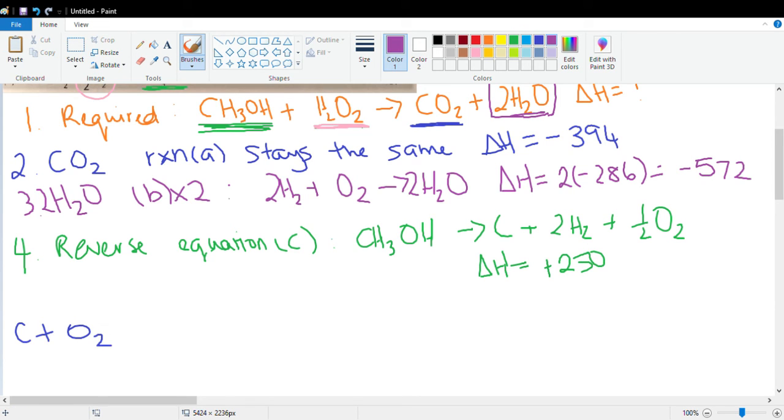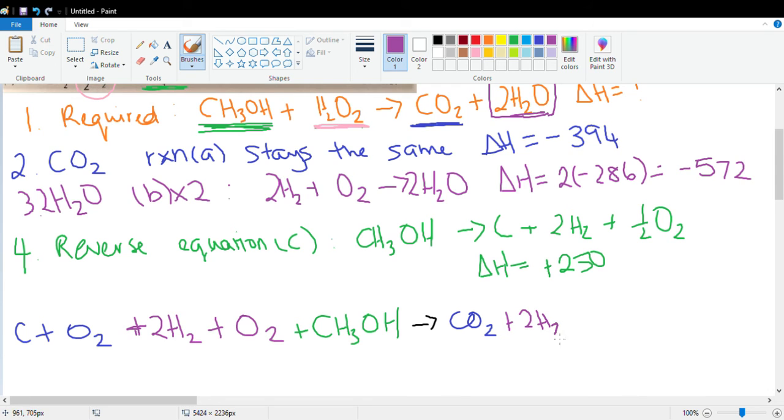From reaction B on the left hand side, we've got 2H2 plus O2. And from reaction C, we have got CH3OH. Then on the right hand side, from reaction A we've got carbon dioxide, from reaction B we've got 2H2O, and from reaction C we have got carbon, 2 hydrogens, and a half molecule of oxygen.